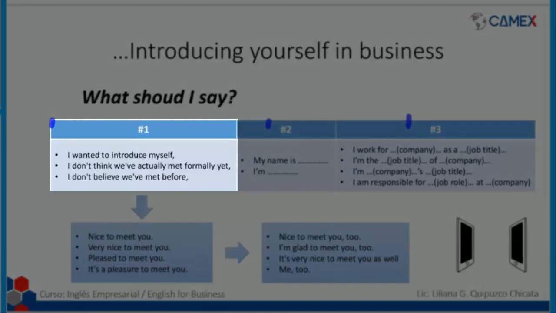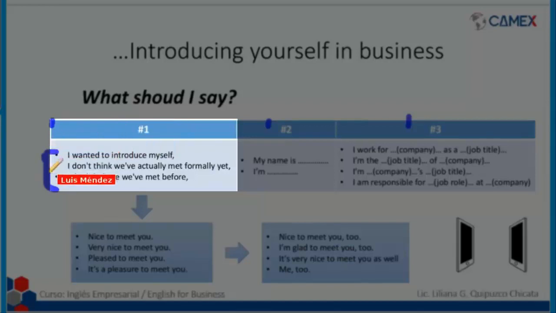Or maybe another option is, I don't think we have actually met formally yet. And another option is, I don't believe we've met before. Please take note that these options are not the only ones. There are many other options, but these are the ones that I have found are most commonly used.